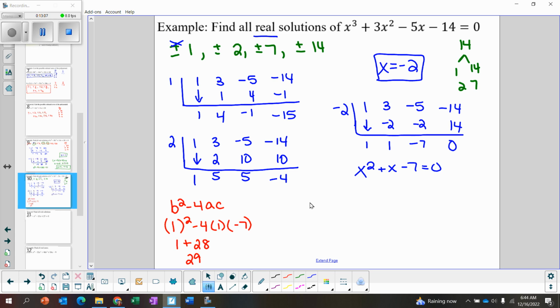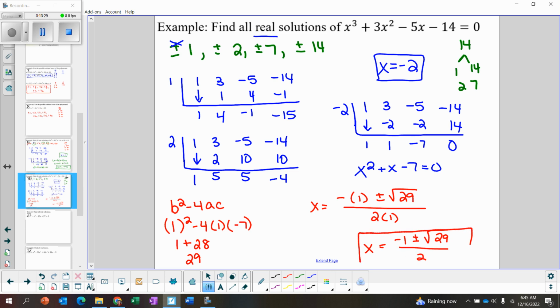So the quadratic formula was negative b plus or minus the square root of b squared minus 4ac all over 2 times a, which means my other solutions are negative 1 plus or minus the square root of 29 all over 2. So it's very possible for us to get answers like this after first finding our first integer solution.